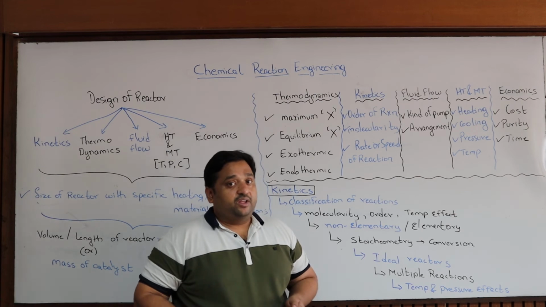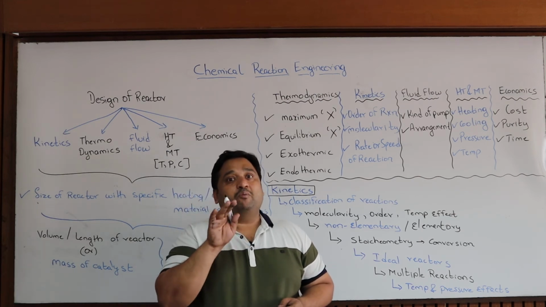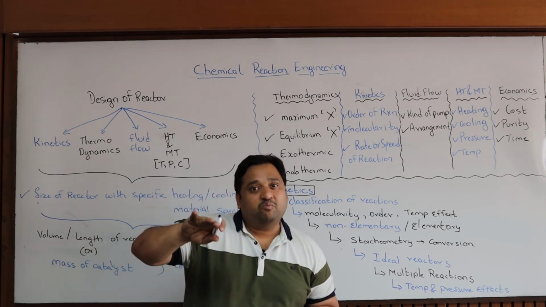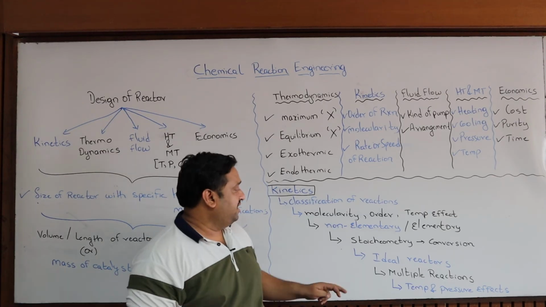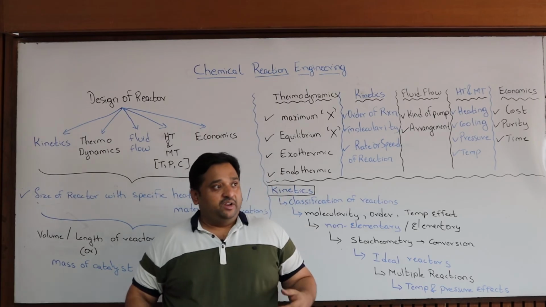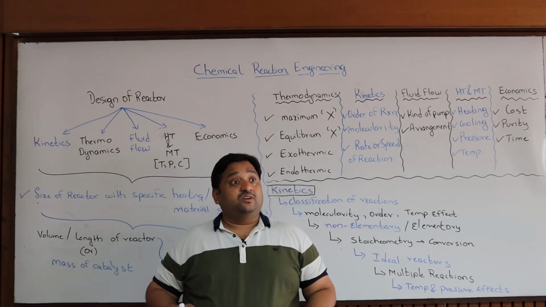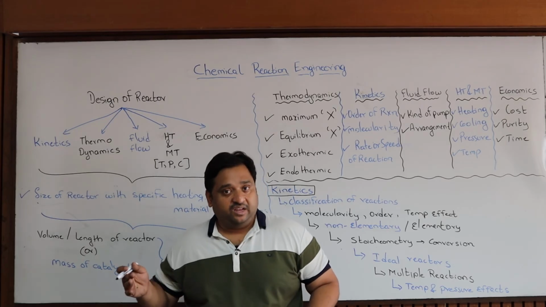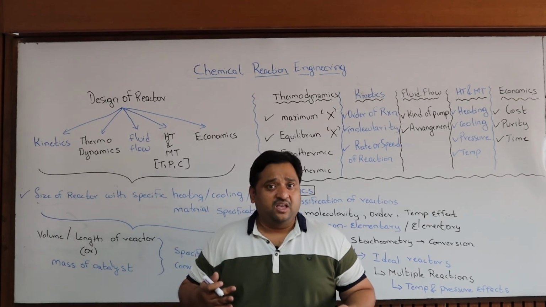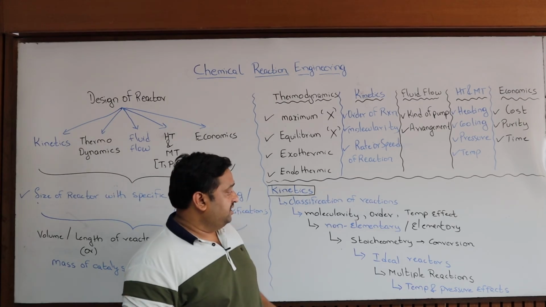What is the stoichiometry? 1 mole of A plus 2 moles of B gives 1 mole of C and 3 moles of D. This is called the stoichiometry part. Ideal reactors: we are going to discuss the plug flow reactor, the continuous stirred tank reactor (CSTR), and packed bed reactors. These are the things we are going to cover in deeper aspects.